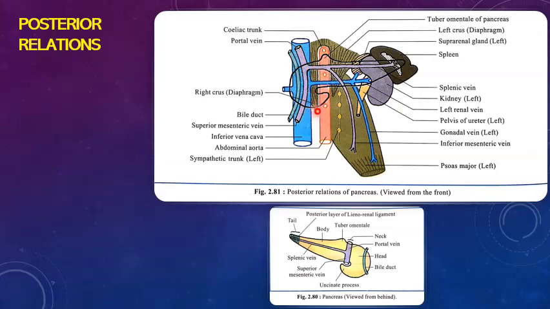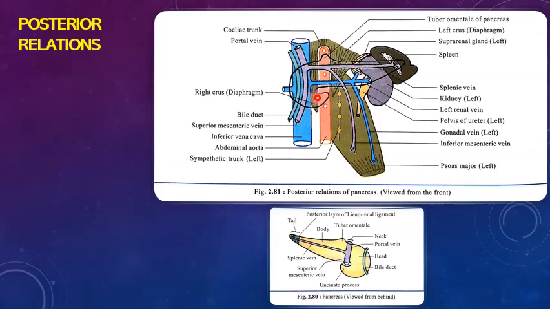Then the next one is the right crus of the diaphragm. In this right crus of the diaphragm, the following structures will be there: right middle suprarenal and gonadal arteries. Right celiac ganglion sometimes is seen here.